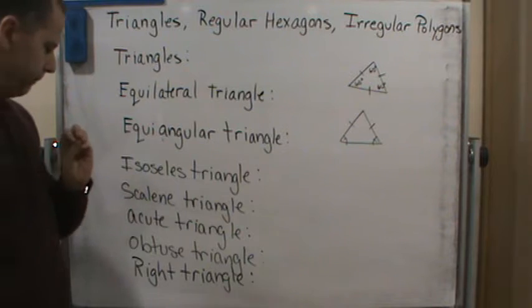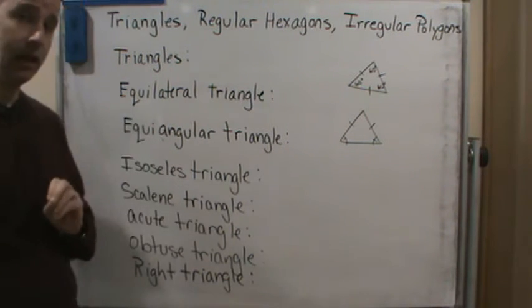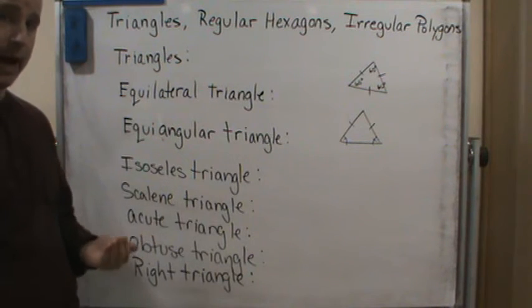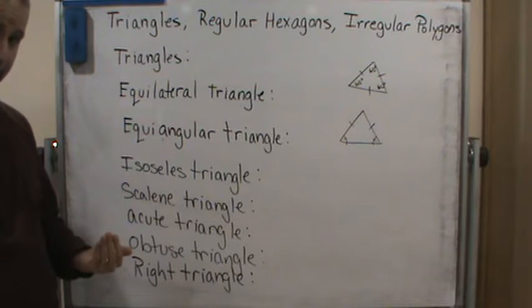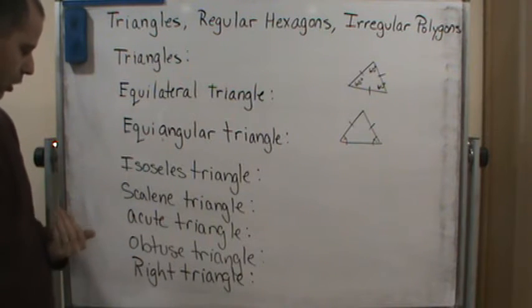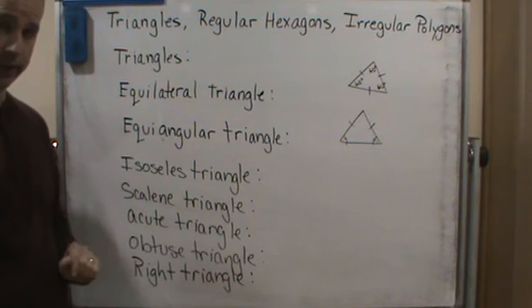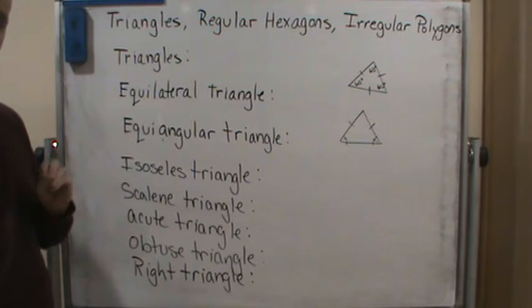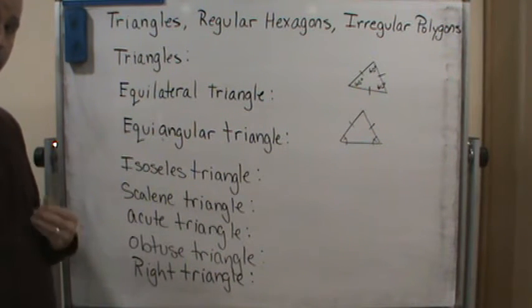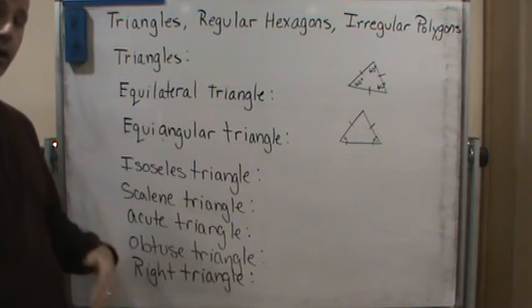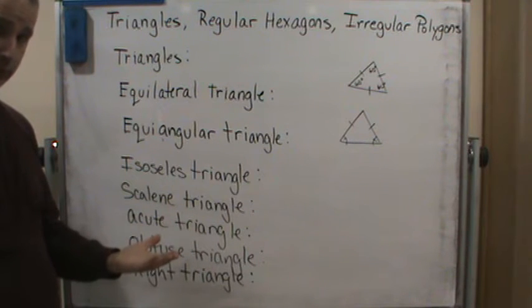Now, triangles can also be classified by the angles that they have. So, you can have an acute triangle. An acute triangle is where all of the interior angles are acute. What does that mean? Between 0 and 90.